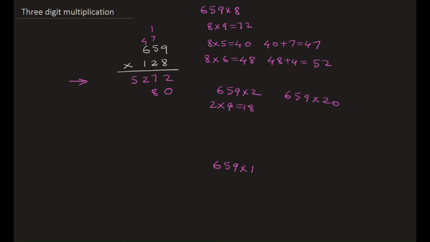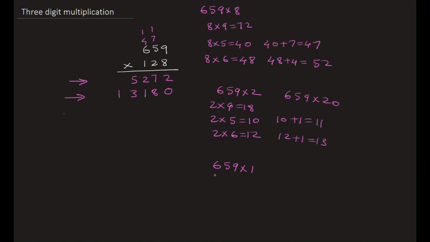And then I have the next multiplication, 2 times 5, which equals 10. This carried over 1 is added to 10, so 10 plus 1 equals 11. But only one digit can come in the hundreds place, which I write 1 over here, and this 1 is carried over here. The next multiplication is 2 times 6. So 2 times 6 equals 12, and this carried over 1 I add to 12, so it is 12 plus 1 equals 13, of which only one digit I can write in the thousands place, which is 3, and 1 comes in the 10,000s place. This is the second partial product.